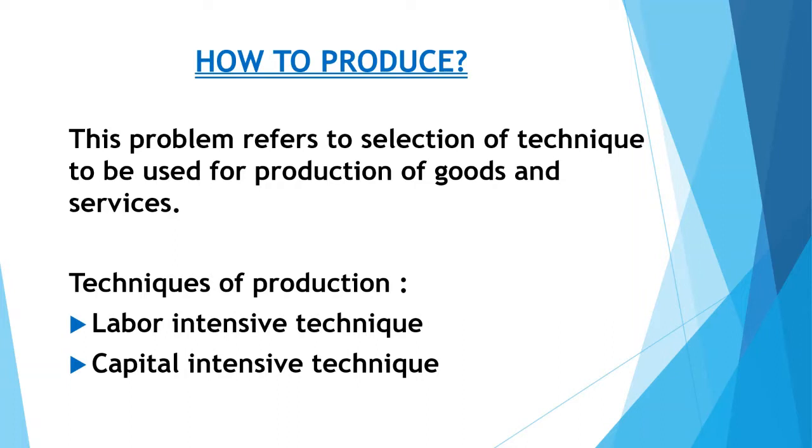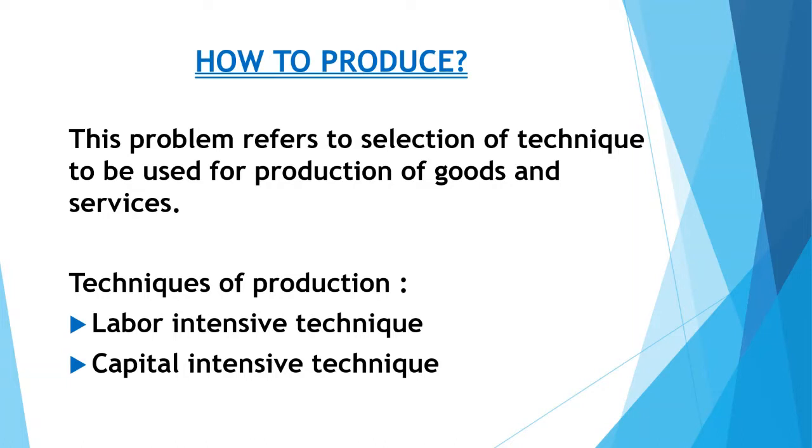Once we understand the production of both consumer goods and capital goods is essential, another question arises: how much of consumer goods and how much of capital goods? Because owing to the limited resources, more of consumer goods would mean less of capital goods, and more of capital goods would mean less of consumer goods.